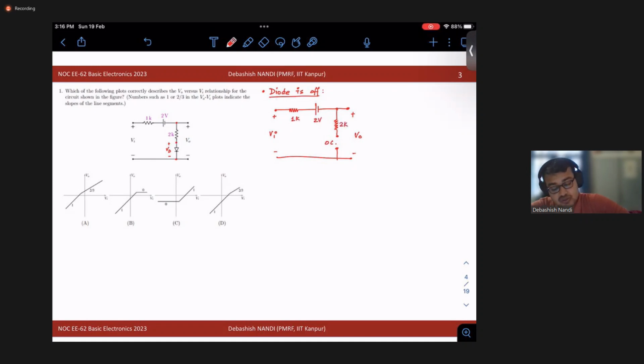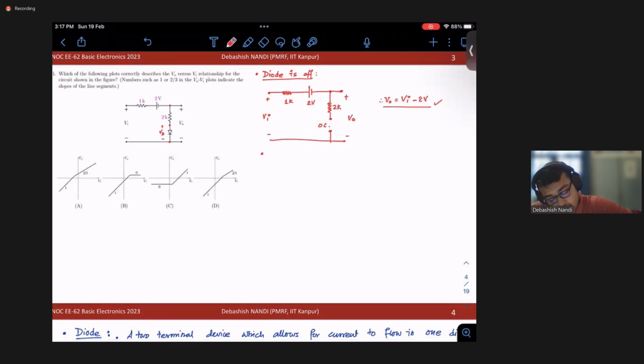So what is your V naught in terms of Vi? It is nothing but Vi minus 2 volt, right? This is open circuit, so only this loop is considered. So let's remember this.